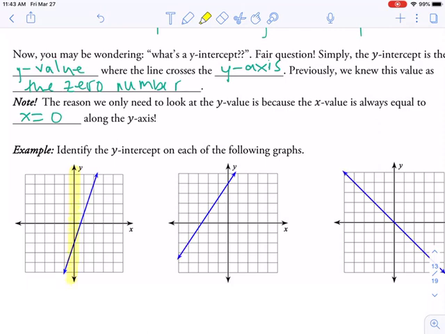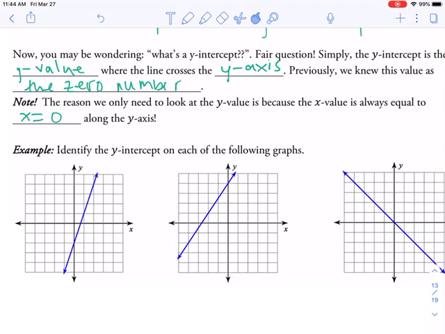In all of those locations, the x-coordinate is 0. Since we looked for the zero number when x is 0, what is y? That's exactly what we're doing here. At this spot on the graph, x is equal to 0, and we're asking ourselves what is y. It's the same question, just now we have a better term for it mathematically.